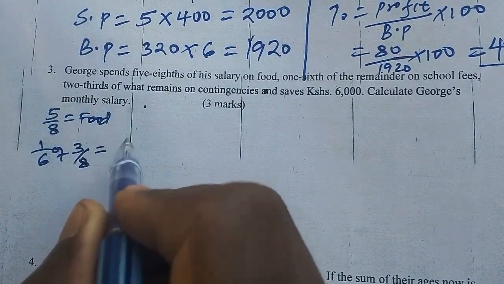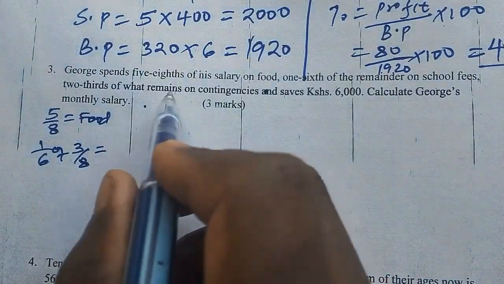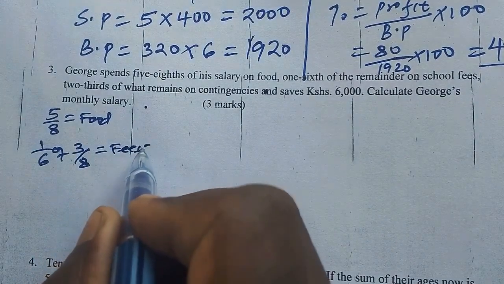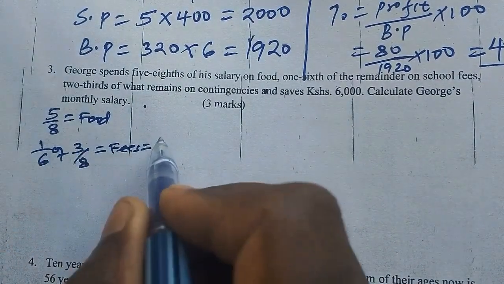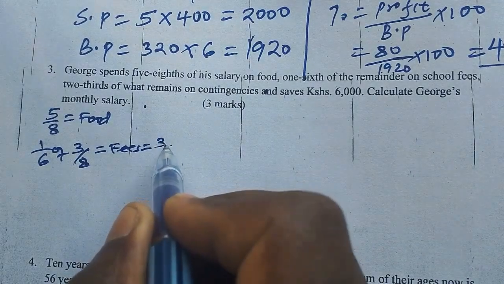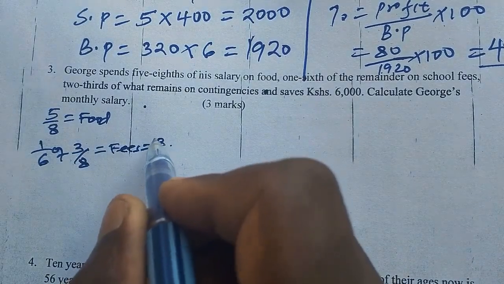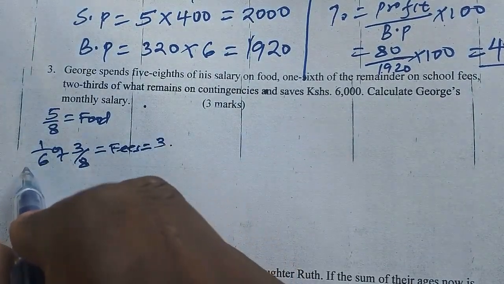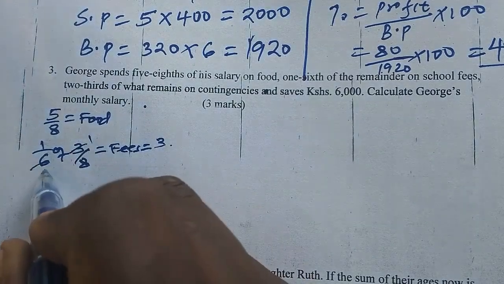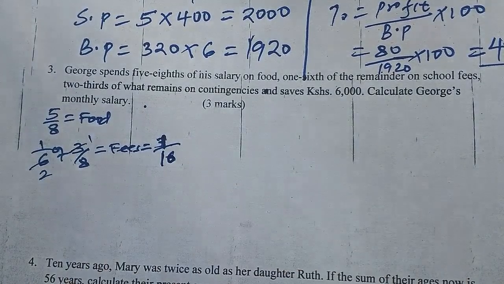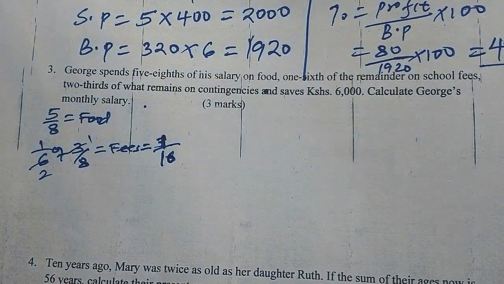Would it be school fees? So fees would be this times that. That is 3/48, and this goes 1 here 3 times. That is 1/16. 1/16 is school fees.